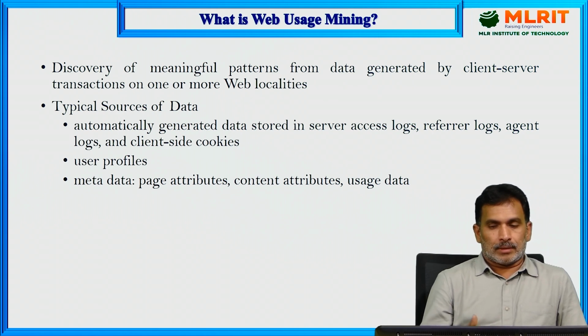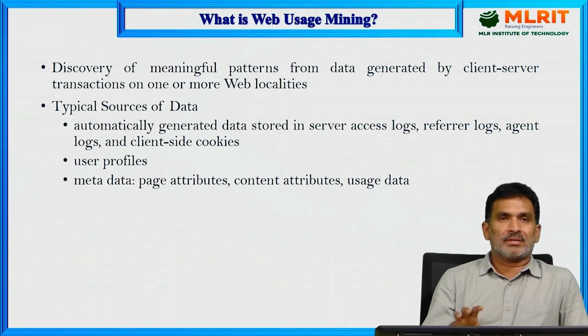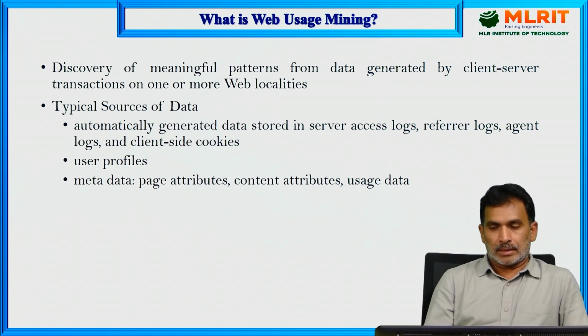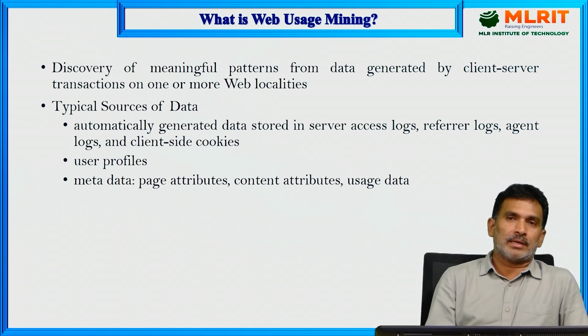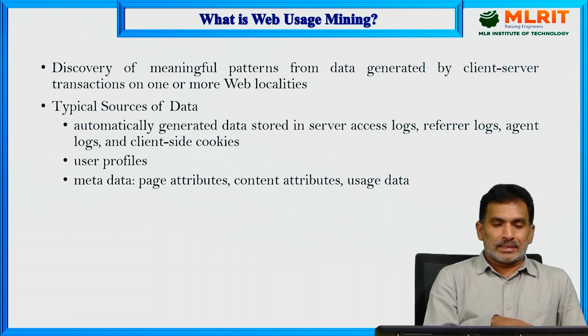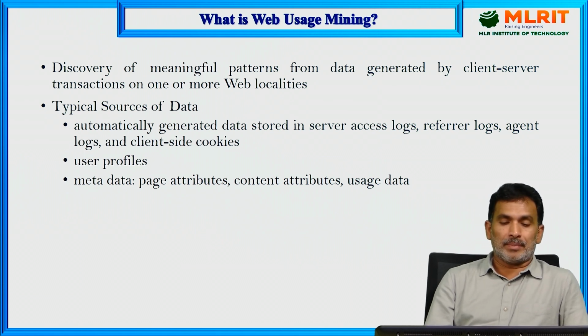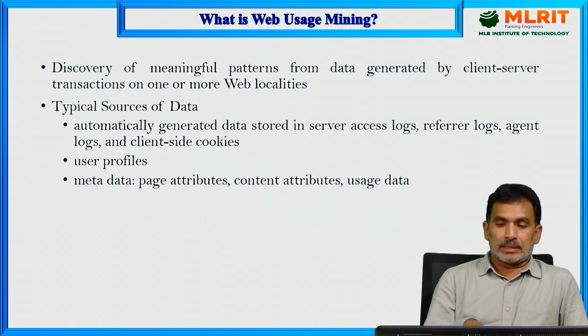Then as a client, we send a request to the specific web page available in the server, and the server sends the response, if that page is available, back to the client. So these are the different kinds of transactions that happen between the client and server. But the purpose of web usage mining is to discover the meaningful patterns from those transactions available in the web localities.